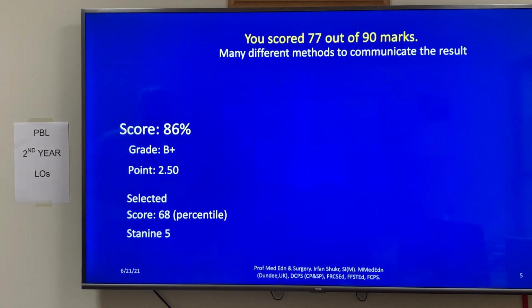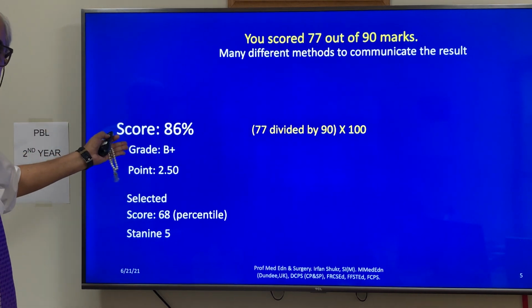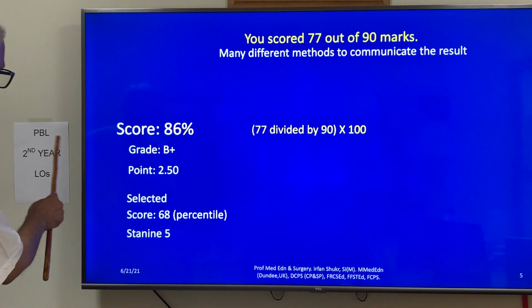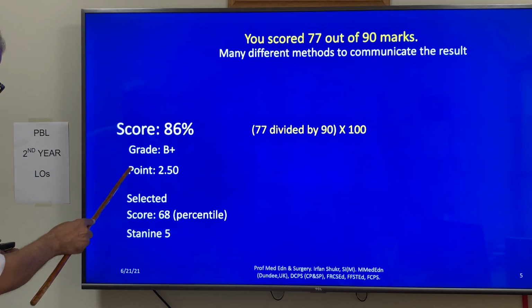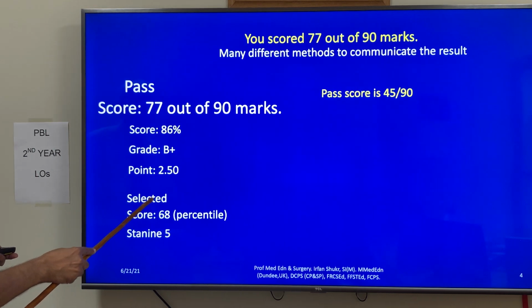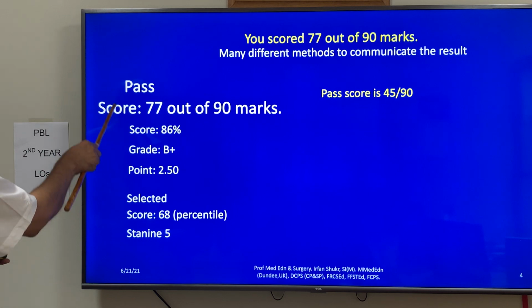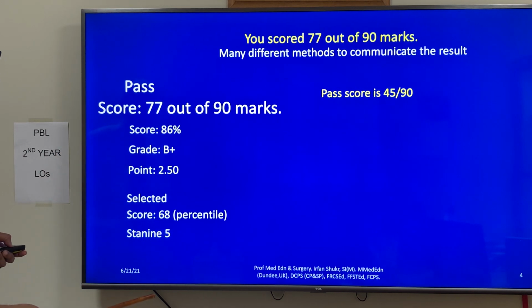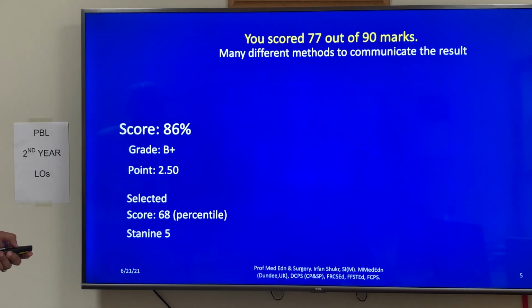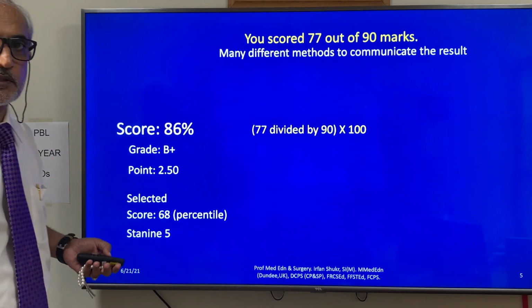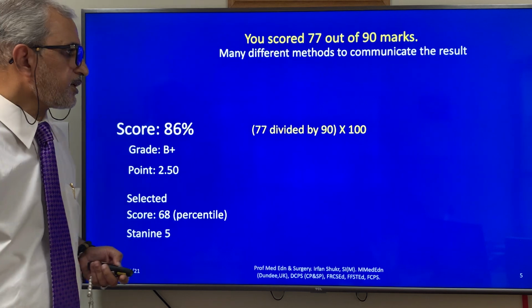Percentage score: one can add "percentage score" over here to differentiate it from this score, if one feels like. Simply using the formula, look at the percentage.